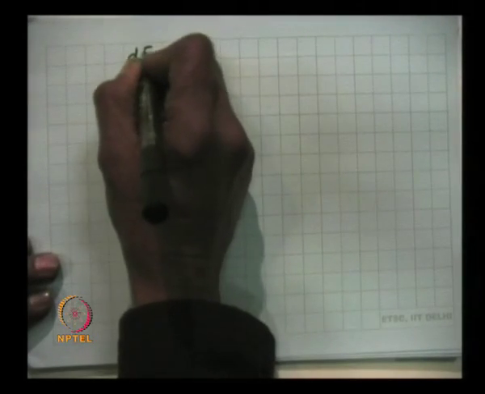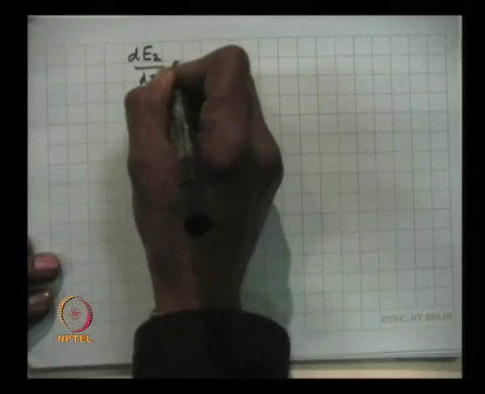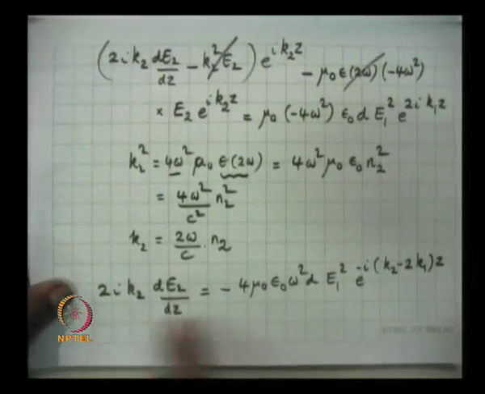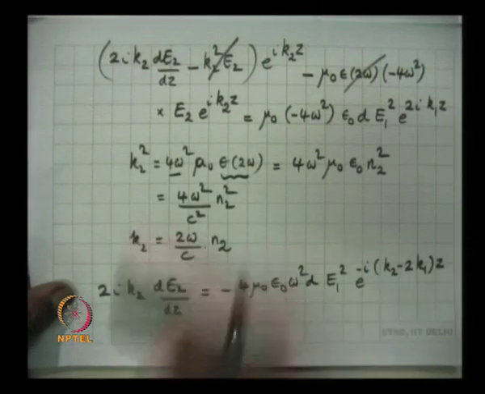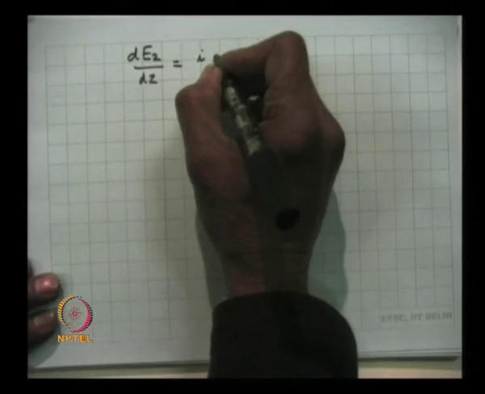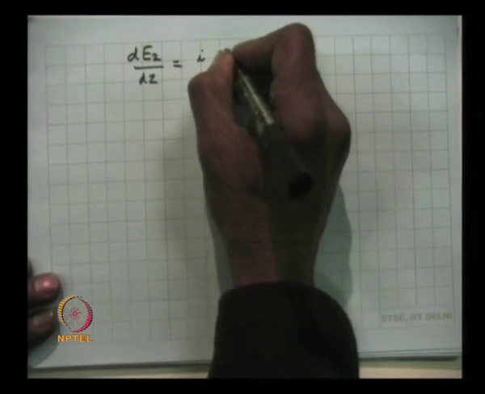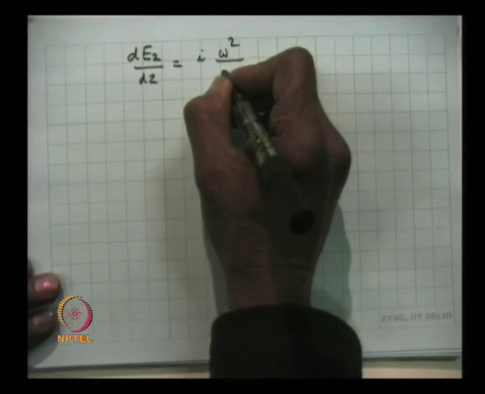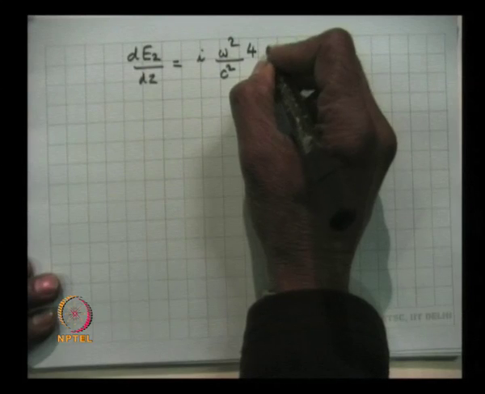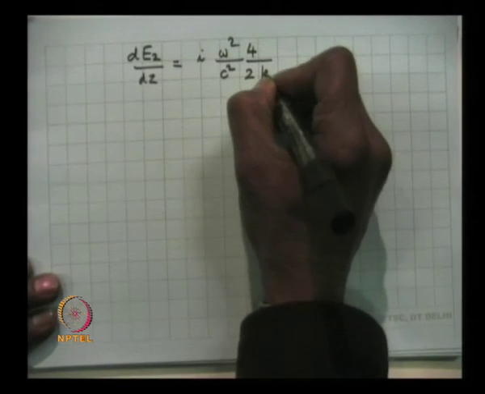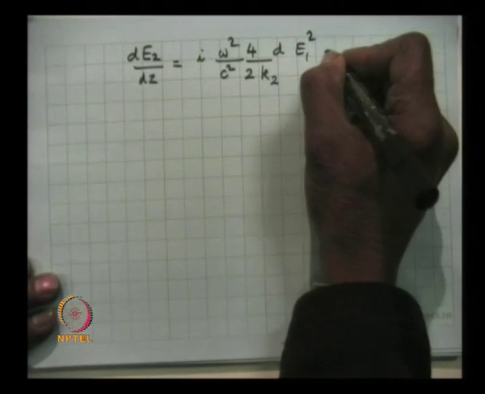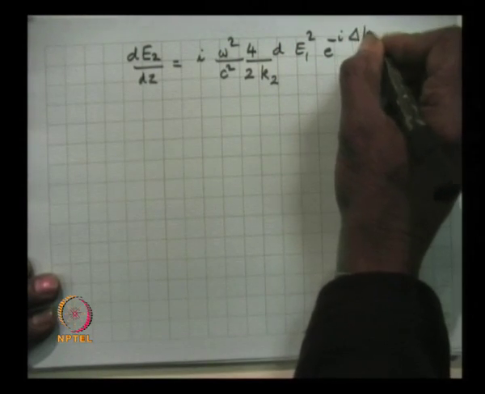So, what I will get is dE 2 by dz. When the i goes to the right hand side, it goes to the denominator, and because of the minus sign, I take the i in the numerator with the plus sign here. Now omega square epsilon 0 mu 0 is 1 by c square. So, I get 4 by 2 k 2 d E 1 square exponential minus i, let me call this delta k z.